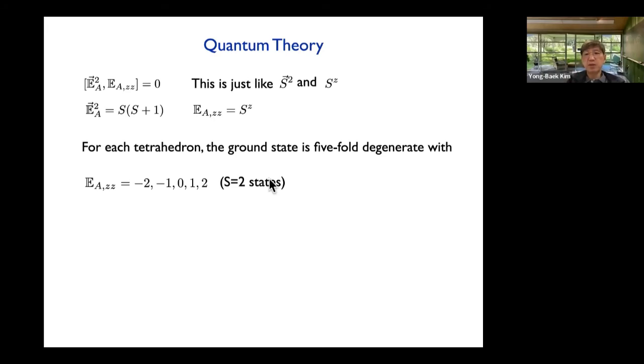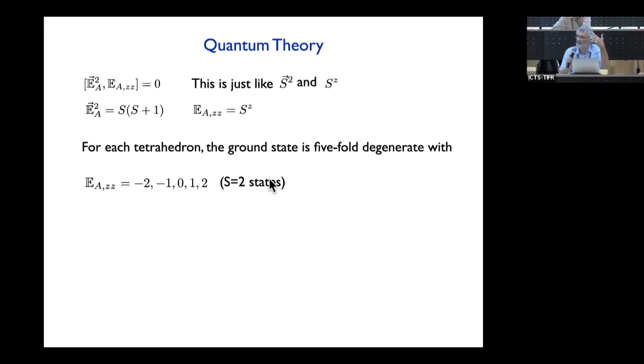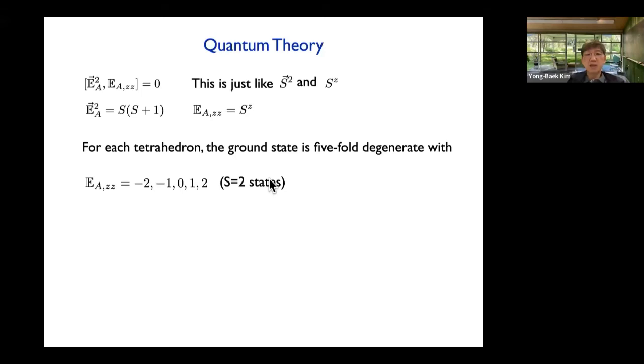If we start from a spin half system on a tetrahedron, like 16 states, 2 to the 4. That's correct. Yeah, out of these 16 states. Right. And the ground state is 5-fold degenerate. And then we can just restrict ourselves to this S equal to 2 manifold. So that's what we are going to do.